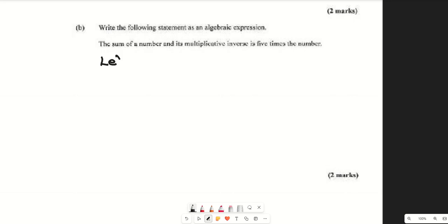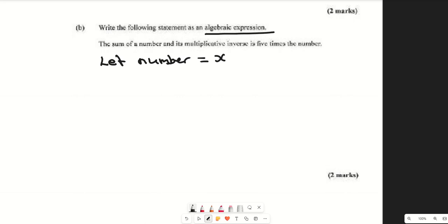You're going to say let the number be equal to a symbol, because they're asking for an algebraic expression, and algebraic expression means you are using letters, right? So let your number be equal to x.